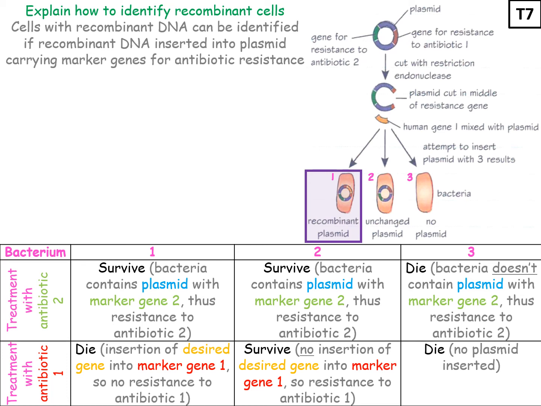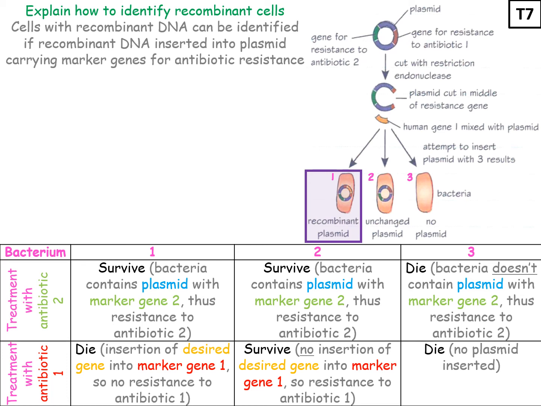So if the plasmid has been taken up by the bacteria, the bacteria will survive because it contains the plasmid which contains the resistance gene for antibiotic 2. As long as the plasmid has been taken in by the bacterial cell, it will survive when we treat it with antibiotic 2.